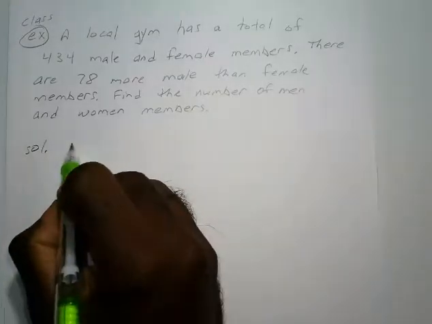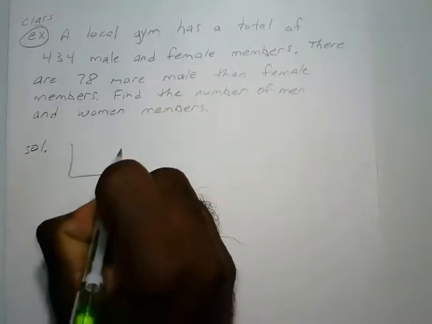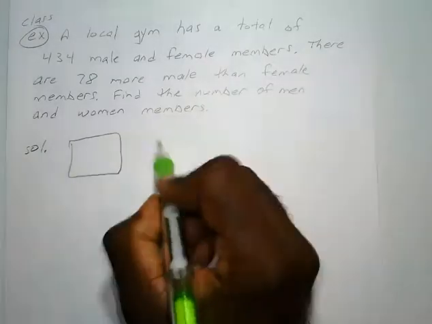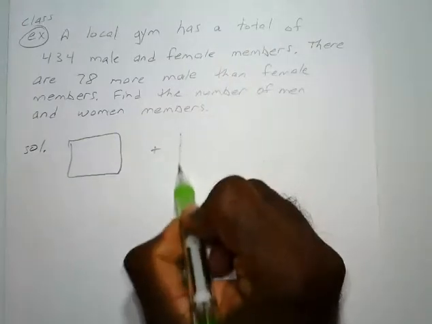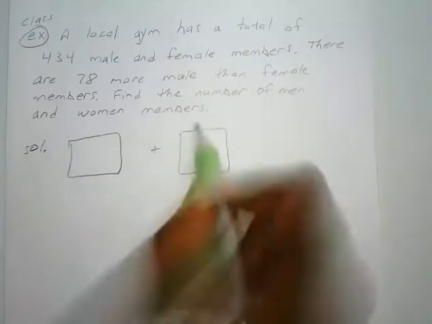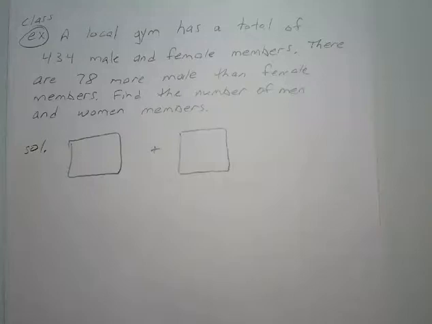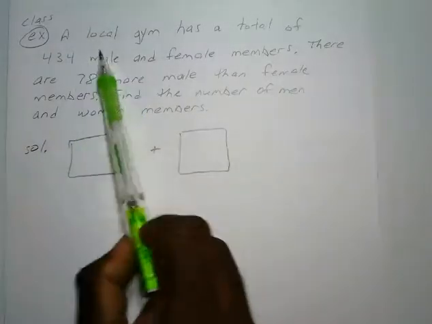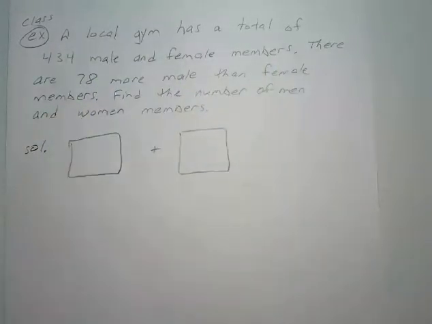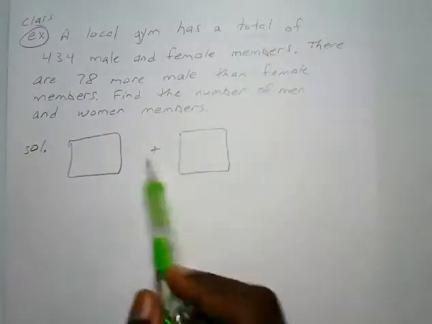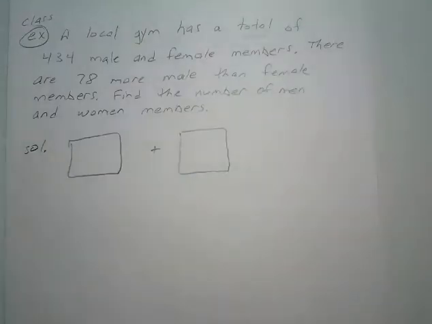Okay, so first thing I'm going to do is draw a little diagram explaining exactly what I want. So we know here that the local gym has a total of 434 male and female members. That total means you're going to add. That's how I knew it had to add there.